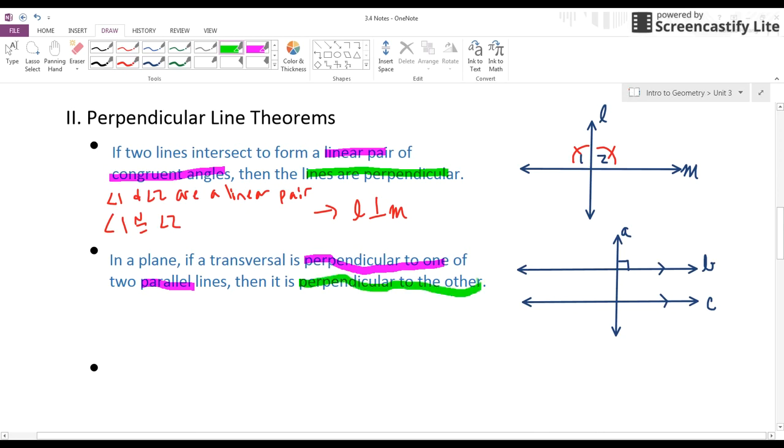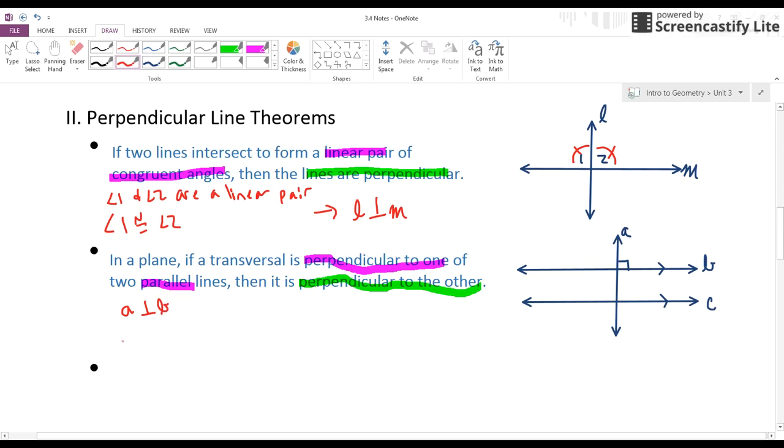Okay, so let's take a look at the diagram and you can see what I'm talking about here. So this is what you'd have to be given right here. We need to be given two things: that the transversal A is perpendicular to one of those parallel lines. So A is perpendicular to B here by definition because we see that right angle at that intersection.